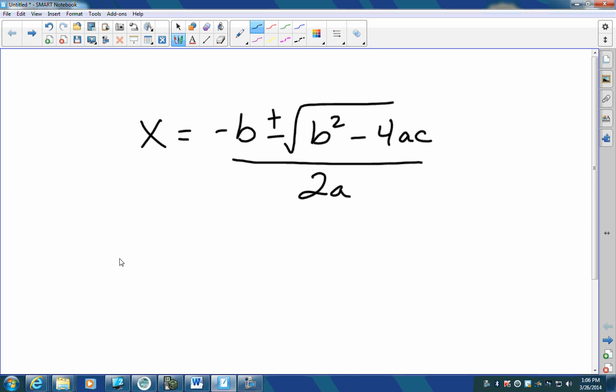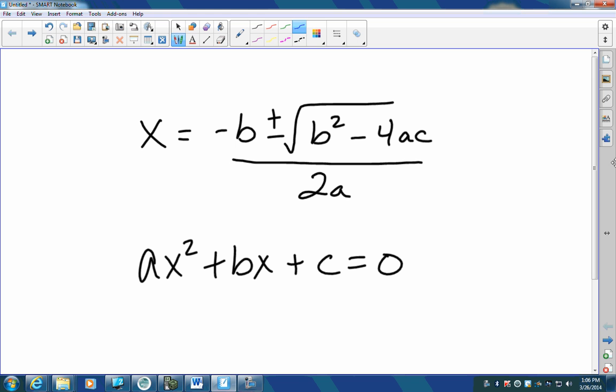Now, the quadratic equation in standard form is ax squared plus bx plus c equals 0. What do you notice between these two things? See how the formula up here uses a, b, and c, right?